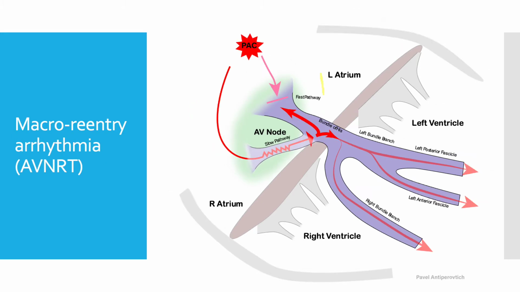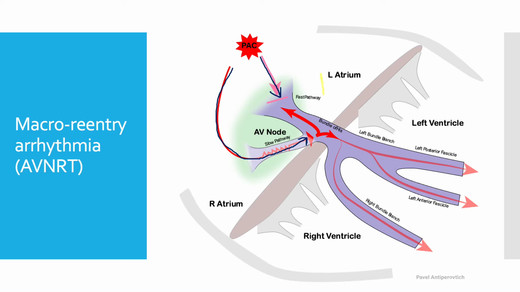In a subset of patients with dual AV node physiology, the conduction properties of the pathways are such that an arrhythmia can occur. Consider a PAC that activates the atrium prematurely. The signal is first blocked in the fast pathway, which has a longer refractory period than the slow pathway and takes longer to recover, yet the signal can enter the slow pathway and proceed its way to the common pathway.